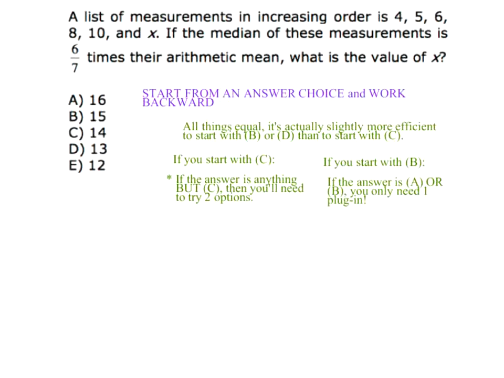That's what's nice about this. If you plug in 15 and it's too small, then the answer is automatically 16. And if you plug in 15 and it works, then of course the answer is 15. And if it's too big, then you would just plug in the middle of the remaining three choices. So starting with B is actually more efficient than starting with C.